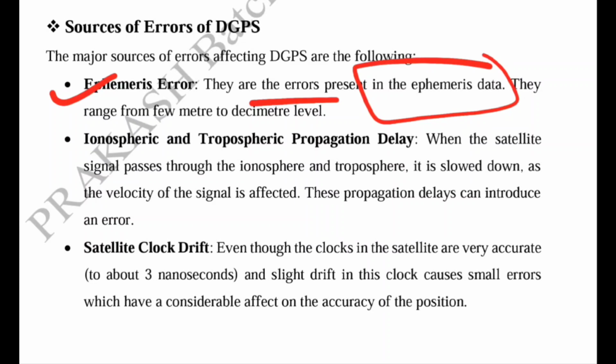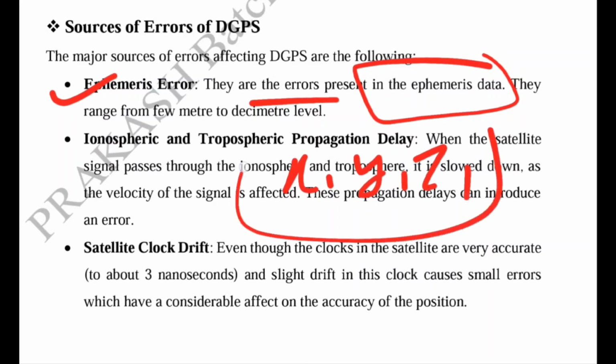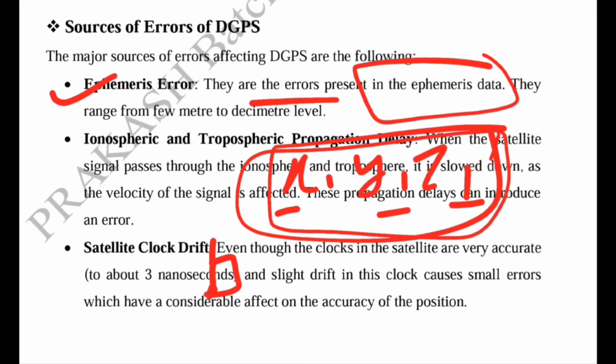So the coordinates or orbital information of each satellite is known as the ephemeris data, meaning x1, y1, z1 of a single satellite from which the GPS receiver is calculating its position. These x1, y1, z1 coordinates of the satellites are very important for calculation of the xyz or unknown coordinates.